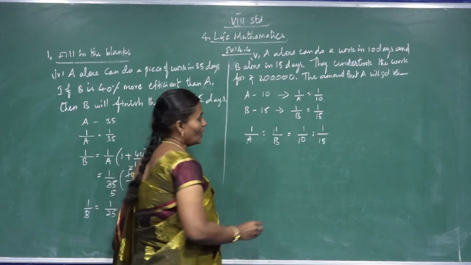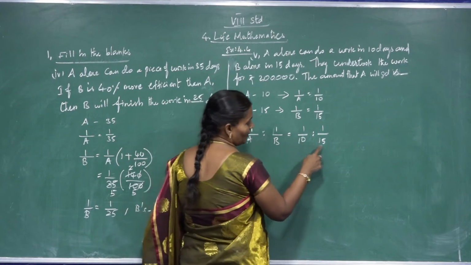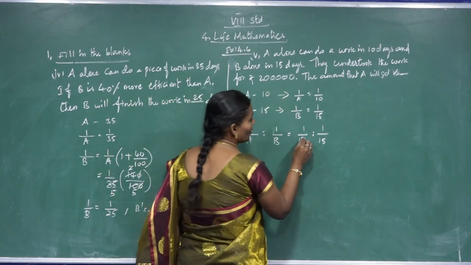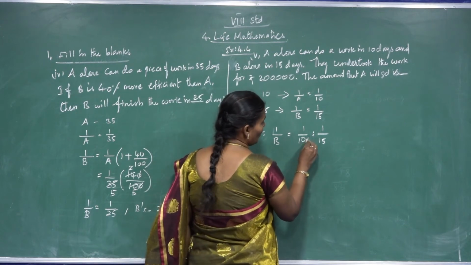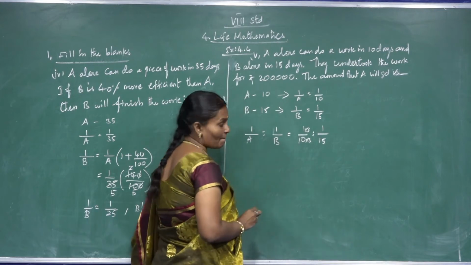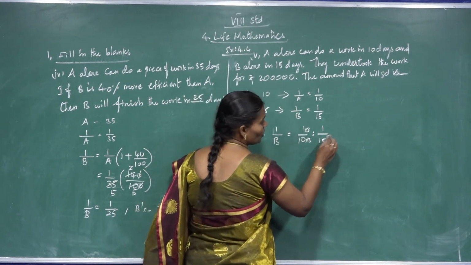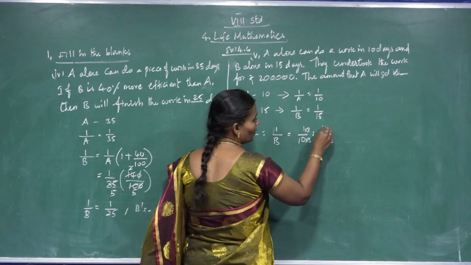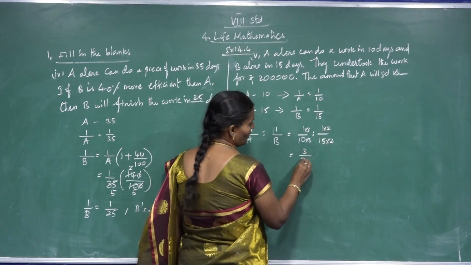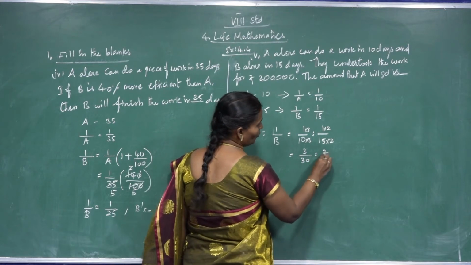Now you equate the denominator. 10 threes are 30, so the numerator also multiply by 3. Then 15 twos are 30, so the numerator also multiply by 2. So what comes here? 3 by 30 is to 2 by 30.